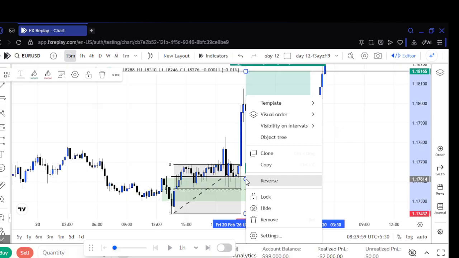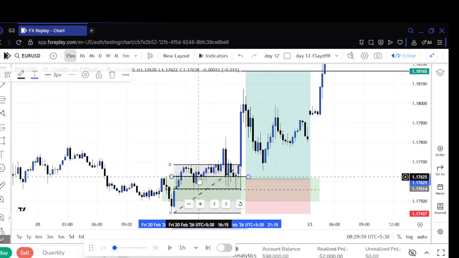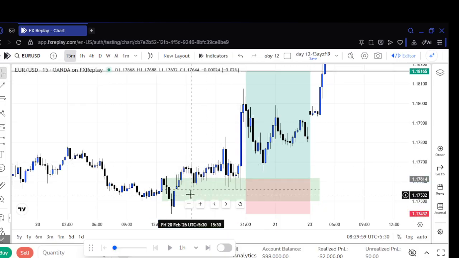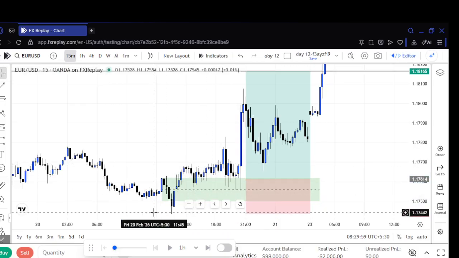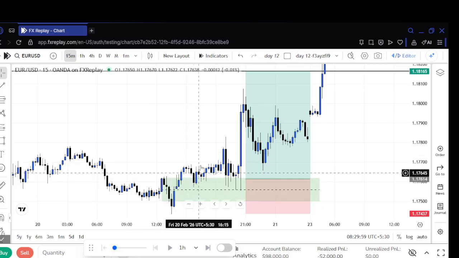We have to find our best entry area. We're able to find our draw on liquidity, we're able to find everything. And the reason I'm not entering right here is it might reverse. So I'm thinking that after that, we can enter here. It's a good confirmation, and if it breaks this, it's going to go up.